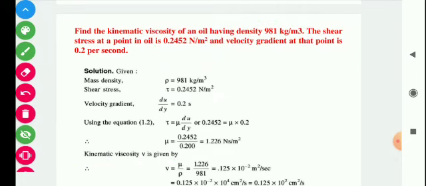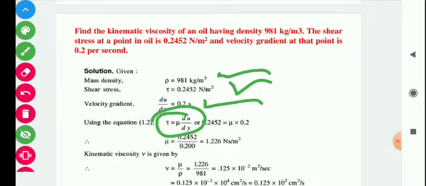So the mass density is 981 kg per meter cube, shear stress is given, velocity gradient du by dy is given. Put all these values in this formula, and you will be able to calculate the viscosity mu. That mu viscosity is equal to 1.226 Newton second per meter square.